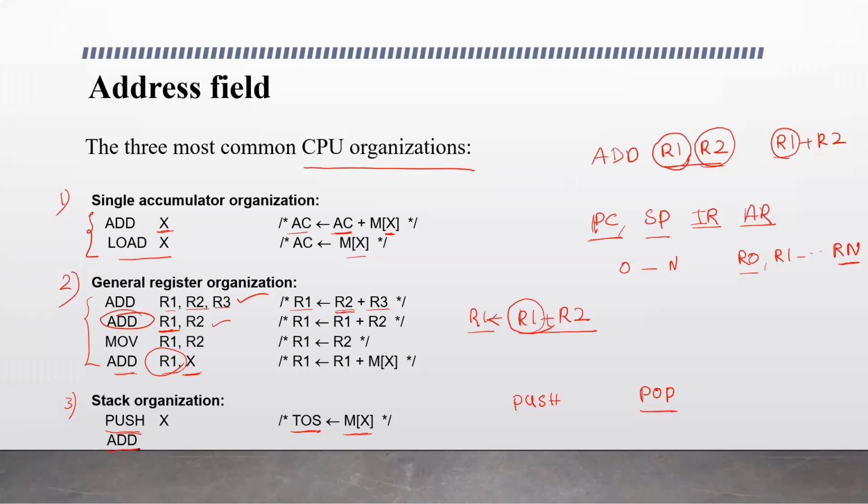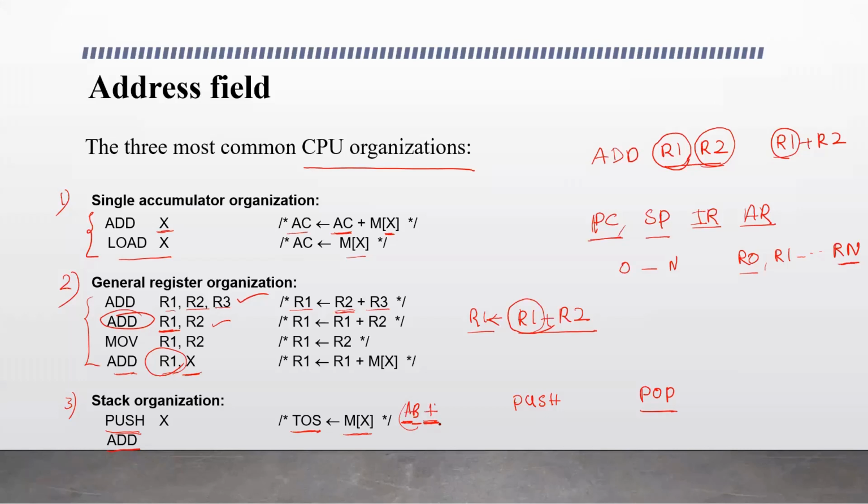And add, what does this add operation do? During evaluation of arithmetic expression, we learned that if the expression is AB plus, when operand A is reached, it is pushed into the stack. And again, when B is reached, it is pushed into the stack because there is no operation to perform here. But when this operator comes, the operation is performed on the top two elements of the stack.